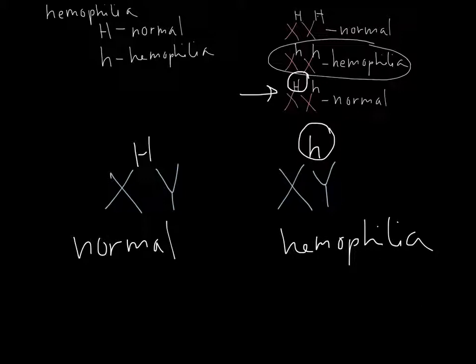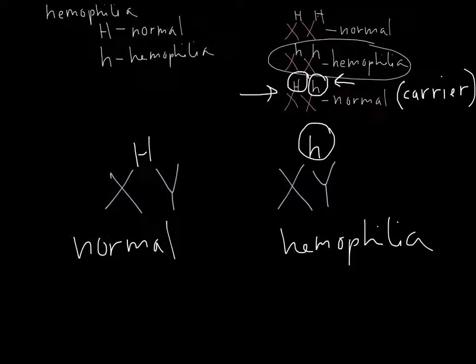And I do want to note here, just because I just pointed to it, that this is specifically called a carrier. So women that have one normal allele and one of the diseased alleles, they're known as a carrier because even though they don't have the disease, they do carry the allele for the disease that they can pass down to their children.